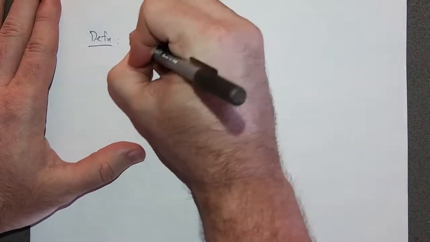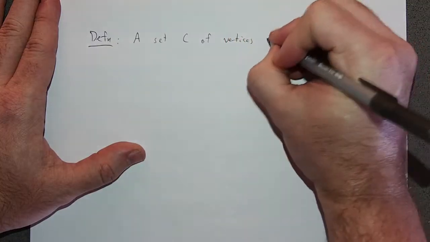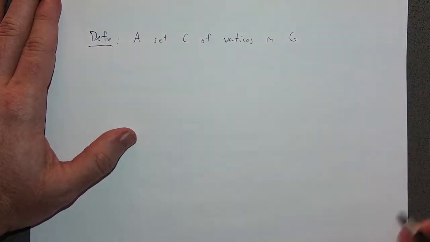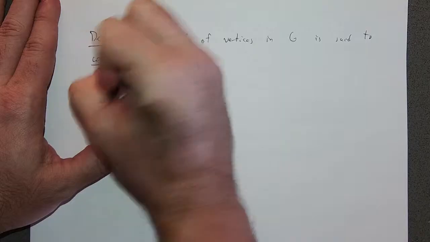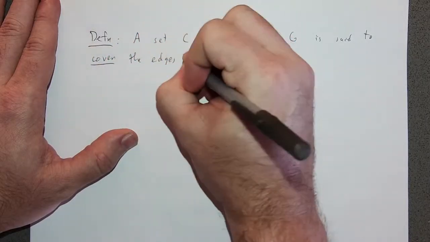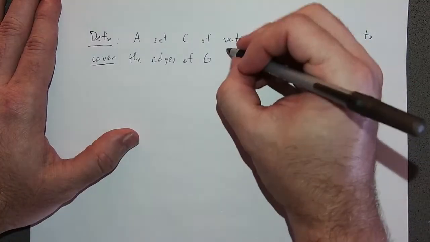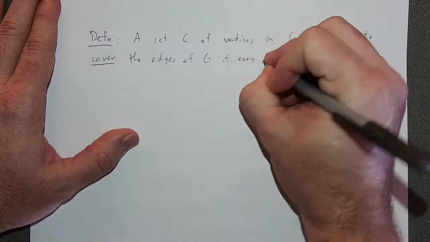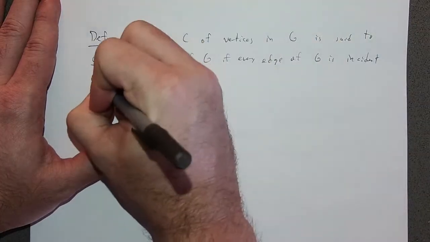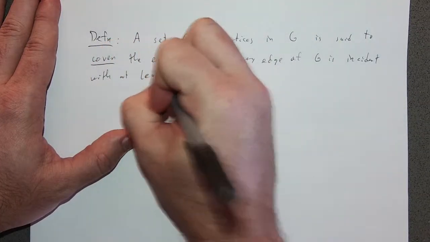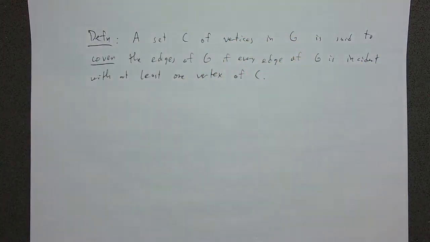A set C of vertices in a graph G is said to cover the edges of G if every edge of G is incident with at least one vertex of C. Okay, this is a very intuitive definition.